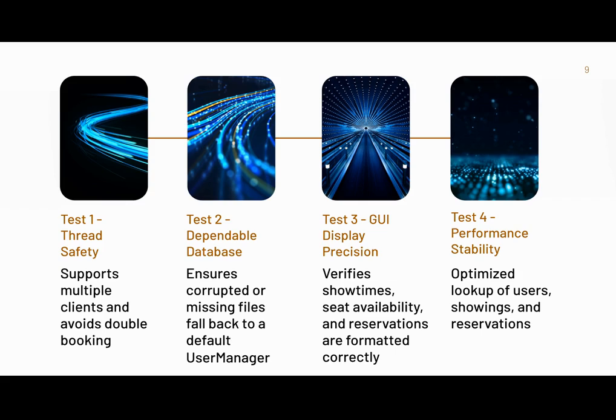We had a uniform language across our GUIs, and we made sure that there are no errors on display. And finally, test 4 was all about performance stability. We optimized looking up users, showings, and reservations, so it doesn't take extremely long to search for any user or data that might be needed at any particular step.